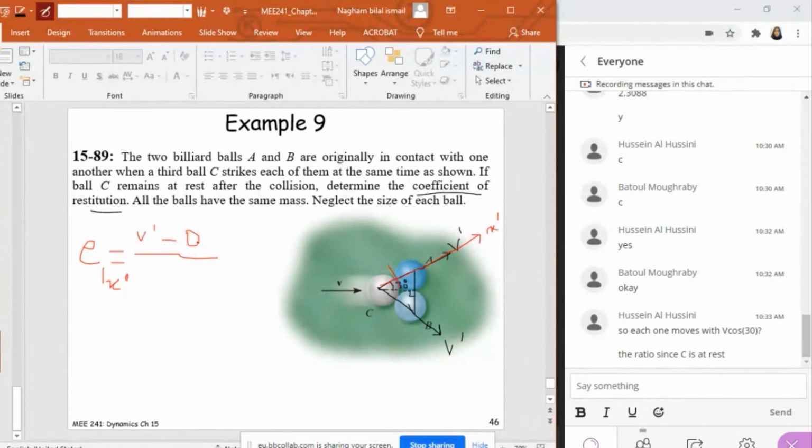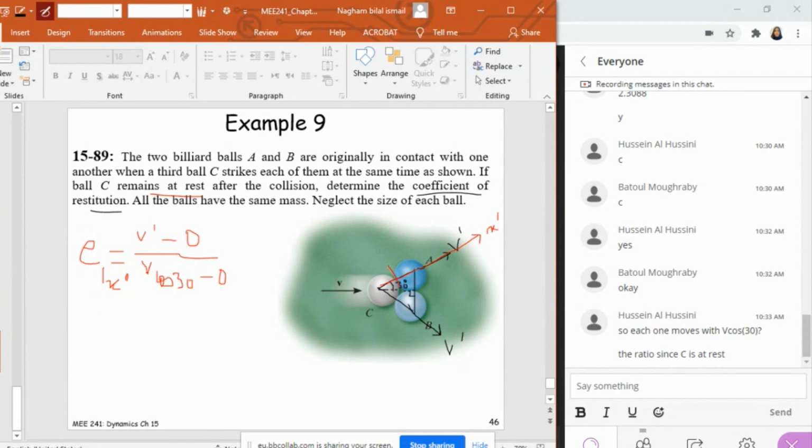VC is 0. They are saying that after collision, C remains at rest, over VC before collision, which is V, the projection of V on V prime. So what is the projection of V on V prime? V cosine 30, minus the velocity of A before collision, which is 0. Right? So E is V prime over V cosine 30.